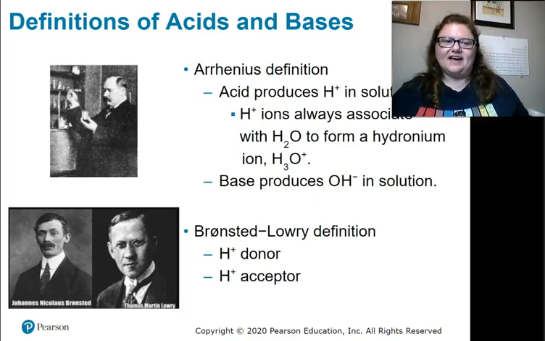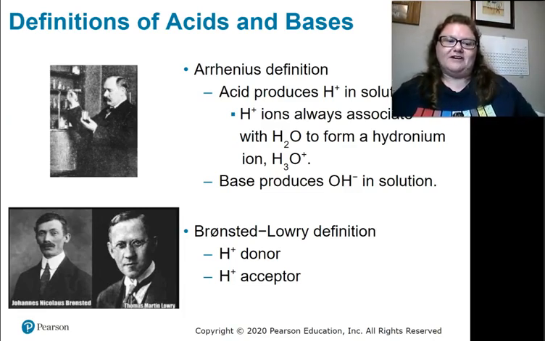He would say that an acid produces hydrogen ions in a solution, and the hydrogen ions always connect with water in the solution and form the H3O+, or the hydronium ion. He also said that bases were chemicals that produced a hydroxyl group in solution, so an OH.